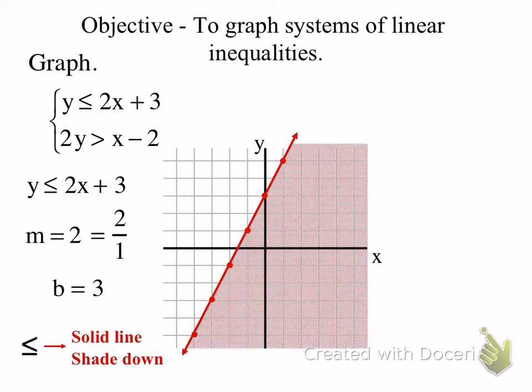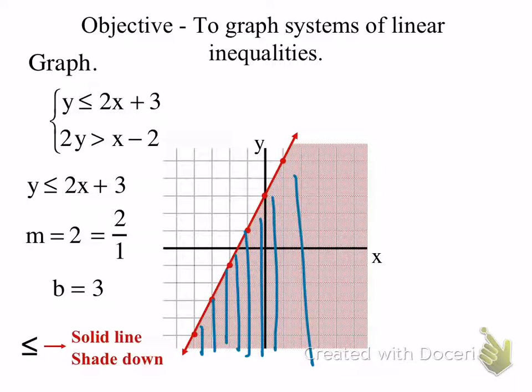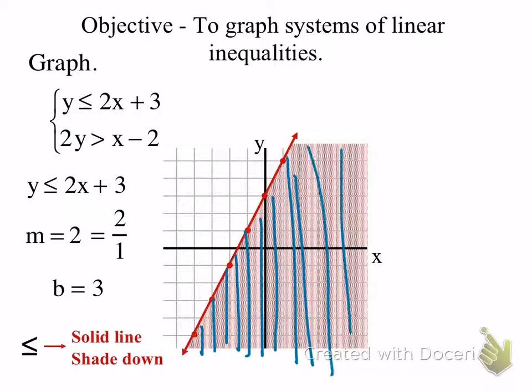Now you can do your shading in a couple different ways. You can shade it in neatly, or you can use directionality. Like if you only have one color, you can use lines. So I might do something like this. For this line, everything shaded in this area, it's going to be up and down. Okay?